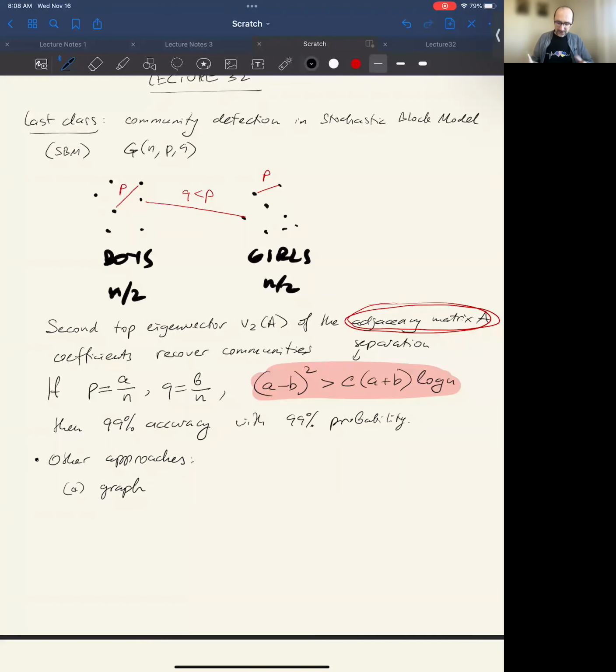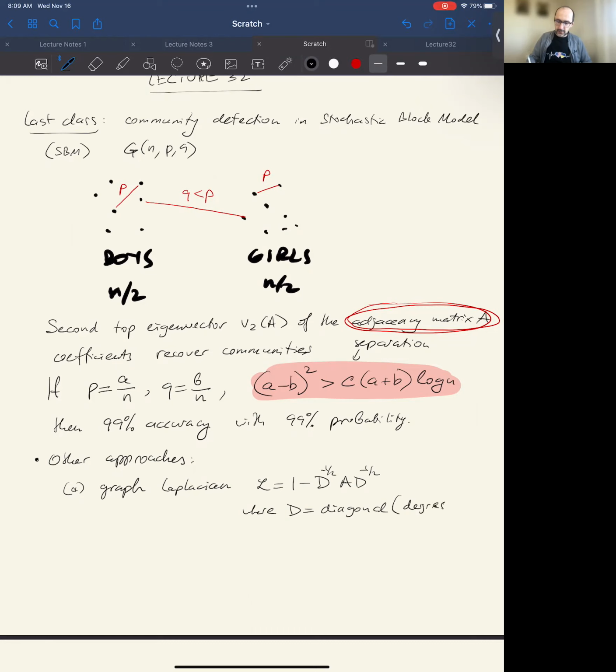The most important matrix, maybe other than adjacency, is the graph Laplacian, whose motivation comes from physics. It's dissipation of heat on the graph. It's defined something like this: I minus D to the minus 1/2, A, D to the minus 1/2, where D is the diagonal matrix with the degrees on the diagonal.